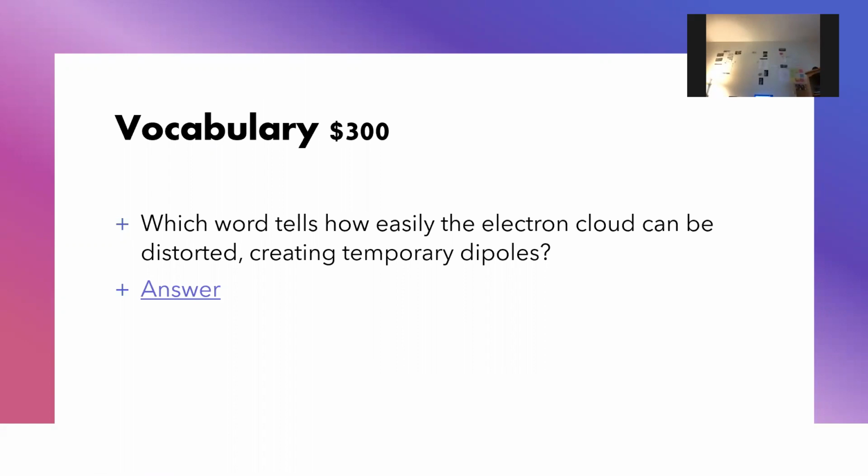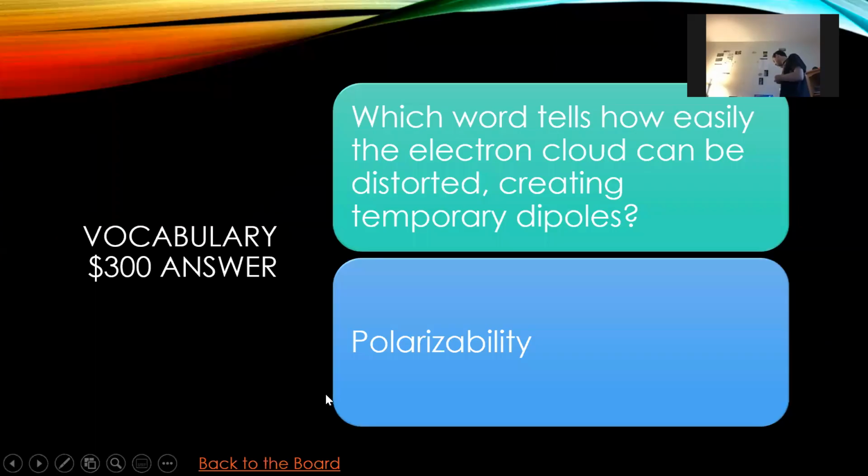Iodine: What is polarizability? Right, polarizability. Good. The electron cloud gets distorted and temporary dipoles are created as a result.